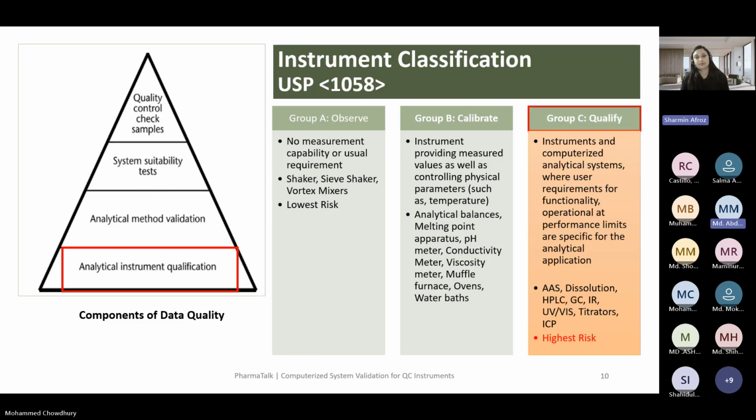For the analytical balance, we have well-defined calibration parameters in USP, but for pH and conductivity meters, we just perform the routine performance check before the operation. So is it okay, or do we need to perform calibration after 6 months or 1 year? And what would be the measuring parameter for these two instruments?